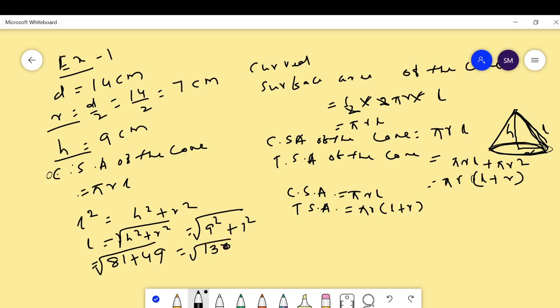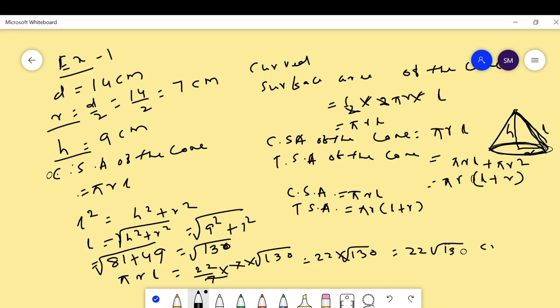Then pi r L is equal to 22 upon 7 into R, which is 7, into L, which is square root of 130. 7 cancels, which is equal to 22 into square root of 130, which is 22 root 130 centimeter square, the curved surface area of the cone.